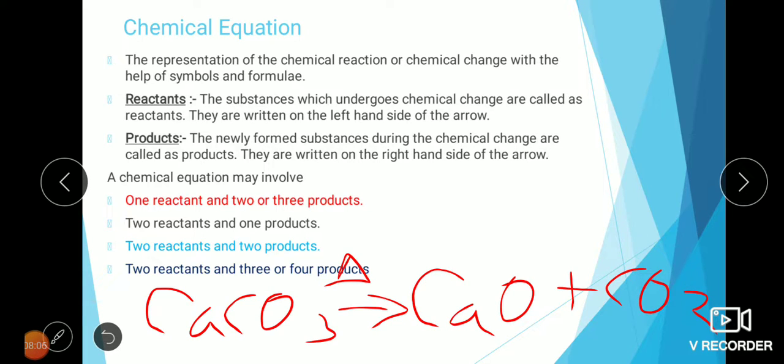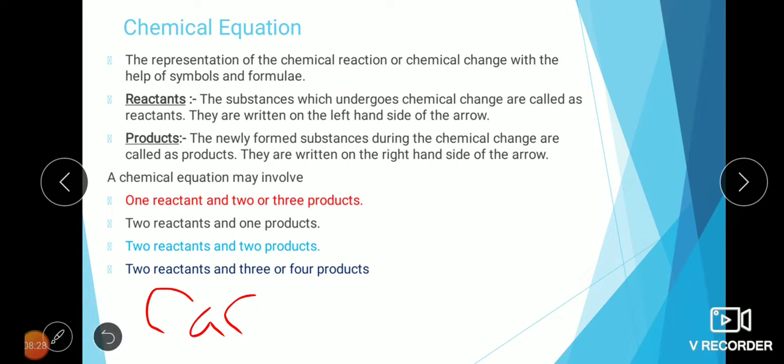Here we have 1 reactant and 2 products. Therefore, this reaction is known as decomposition reaction, and to be more precise, it is called thermal decomposition, because the decomposition of calcium carbonate takes place in the presence of heat. So this example was for 1 reactant and 2 products.